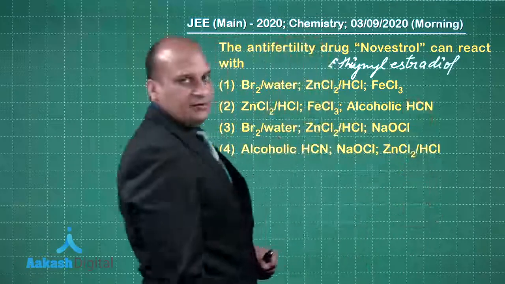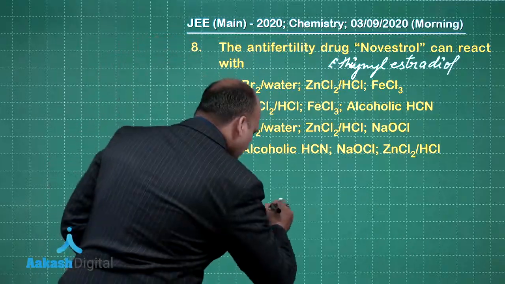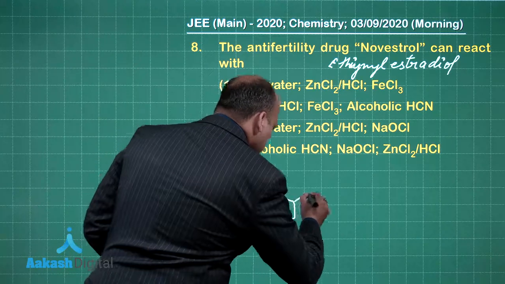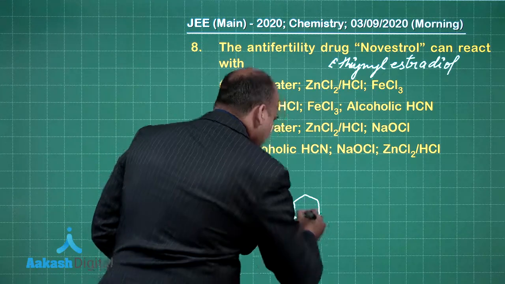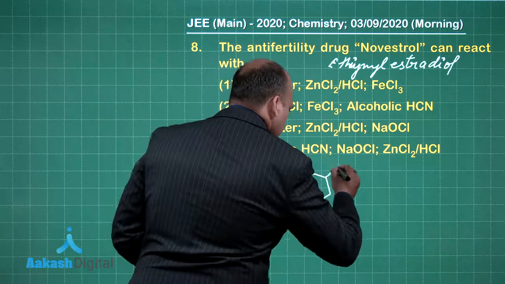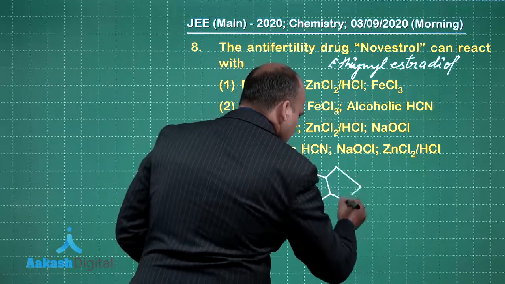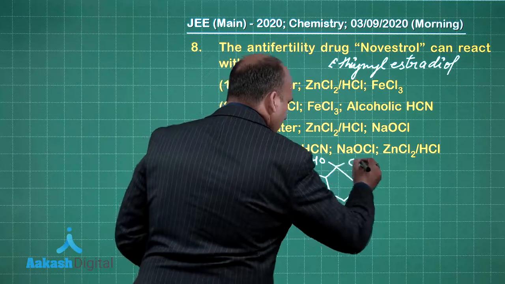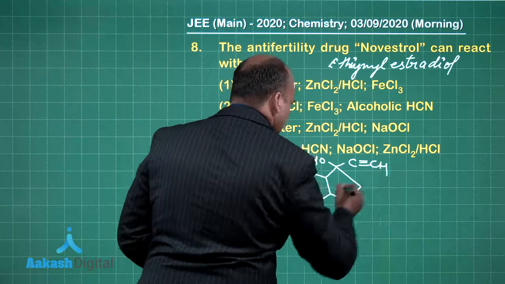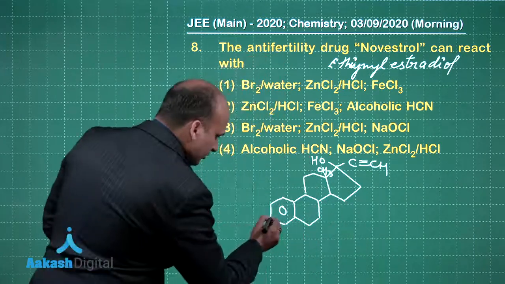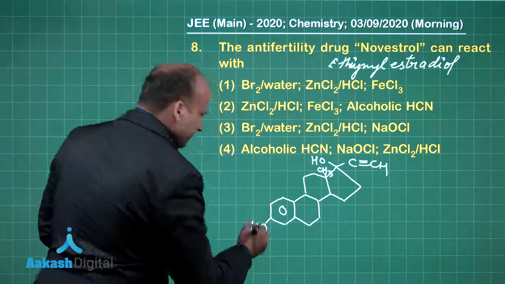Okay, let me give you the structure of the same. And by seeing the structure, I am sure that you will come to know that it can react with what all reagents. See, here you have got OH and here you have got this unsaturation, here you have got the CH3 and here you have got OH, right.